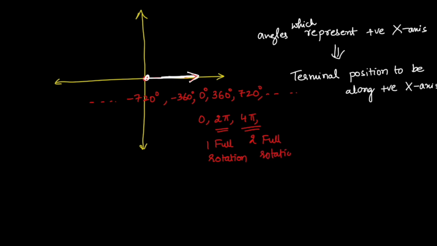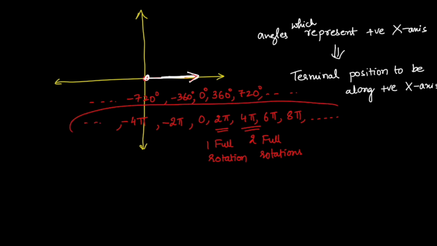And 6 pi means three full rotations, 8 pi. And of course, minus 2 pi is minus 360 degrees. Minus 2 pi means one full rotation in clockwise direction, minus 4 pi, and so on. So all these angles are coterminal, and the terminal position for all these angles is along positive x-axis.